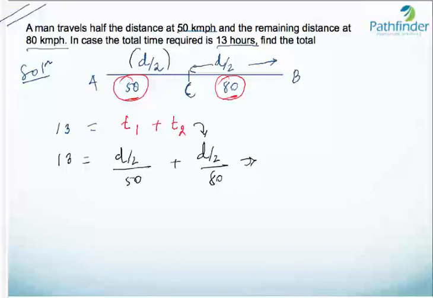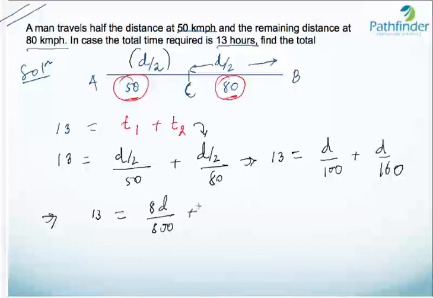So our equation is 13 is equal to d by 100 plus d by 160, which yields 13 is equal to 8d by 800 plus 5d by 800, which means the distance d is equal to 800 kilometers, which is our answer.